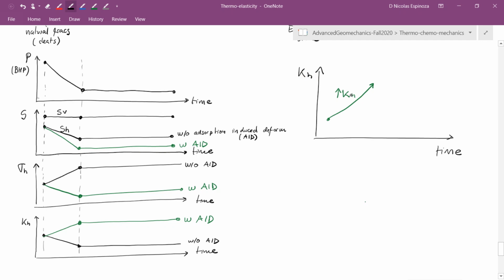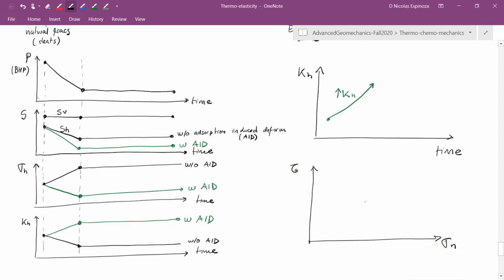But you could wonder now, would permeability increase forever? And you may expect that the answer is no, but let's see why. You can explain this by looking at the stress path in terms of the Mohr circle.